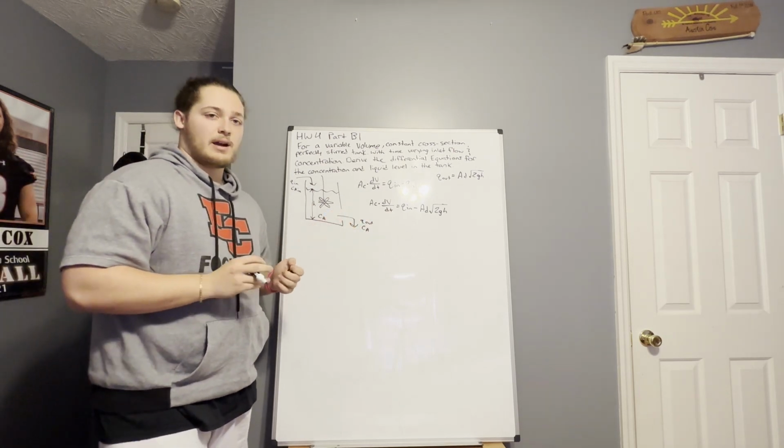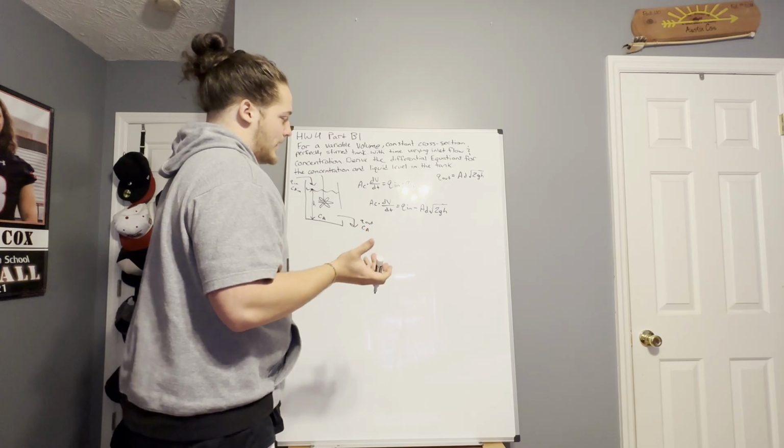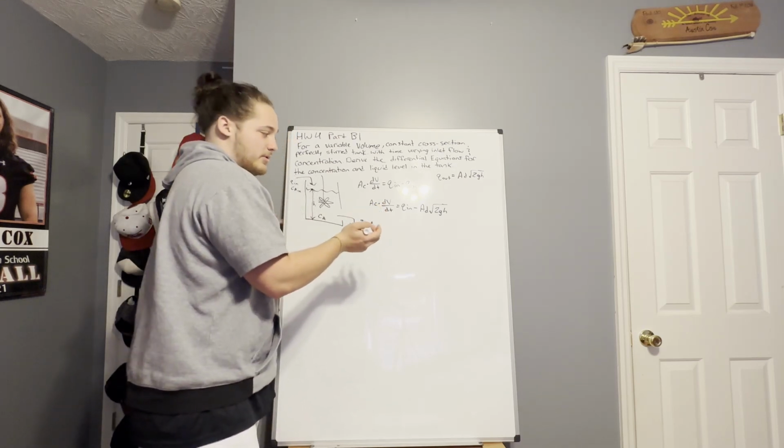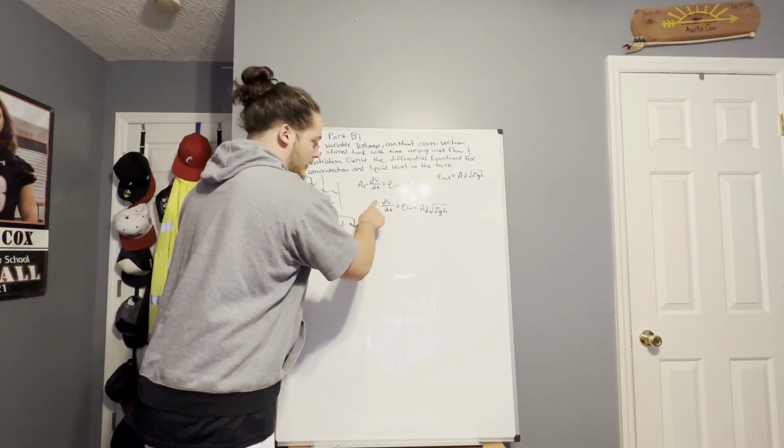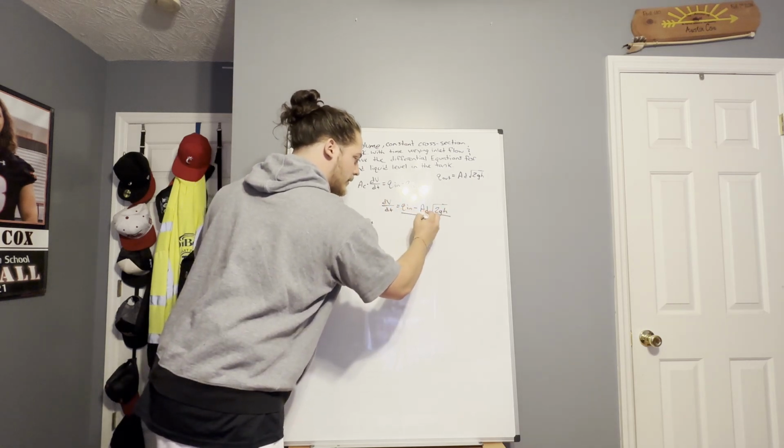So this is our equation. So our next step is going to be dividing by the cross-sectional area. And that gives us this.